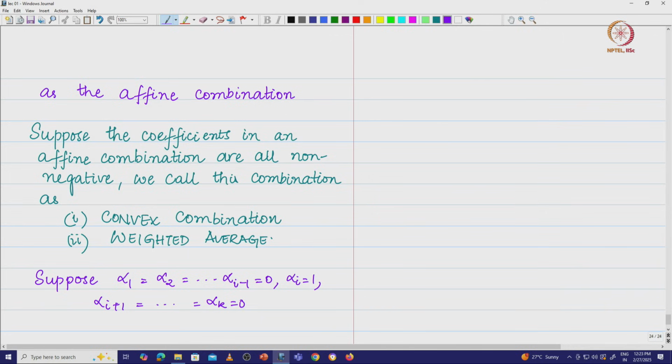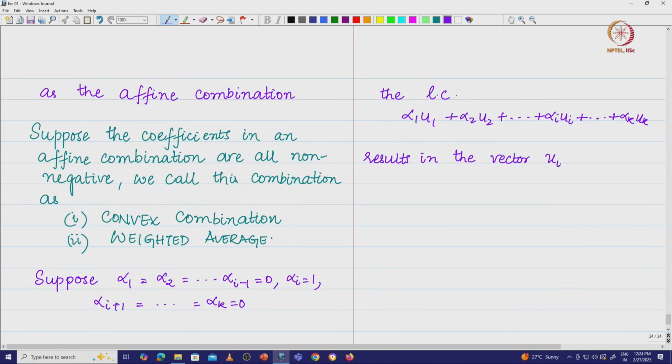Then the linear combination alpha 1 u 1 plus alpha 2 u 2 plus etcetera plus alpha i u i plus etcetera plus alpha k u k results in the vector u i.